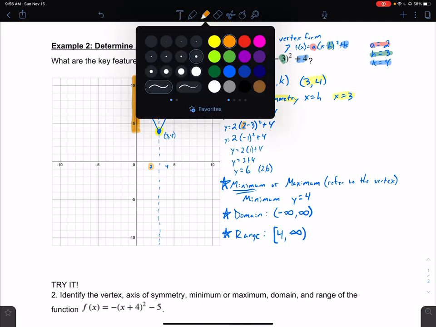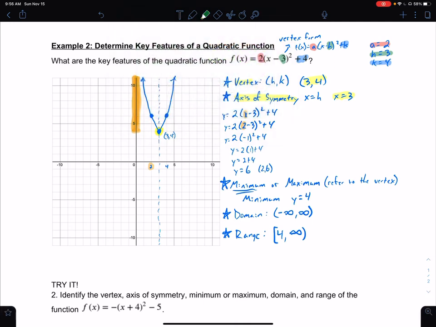Couple things to keep in mind, and this will make your life a little bit easier. The nice thing about these problems is that the h and k values are used pretty frequently. So your h value is going to be your x value in your vertex, and then it's going to be used again in your axis of symmetry. Your k value, I'm sorry, I said that backwards.